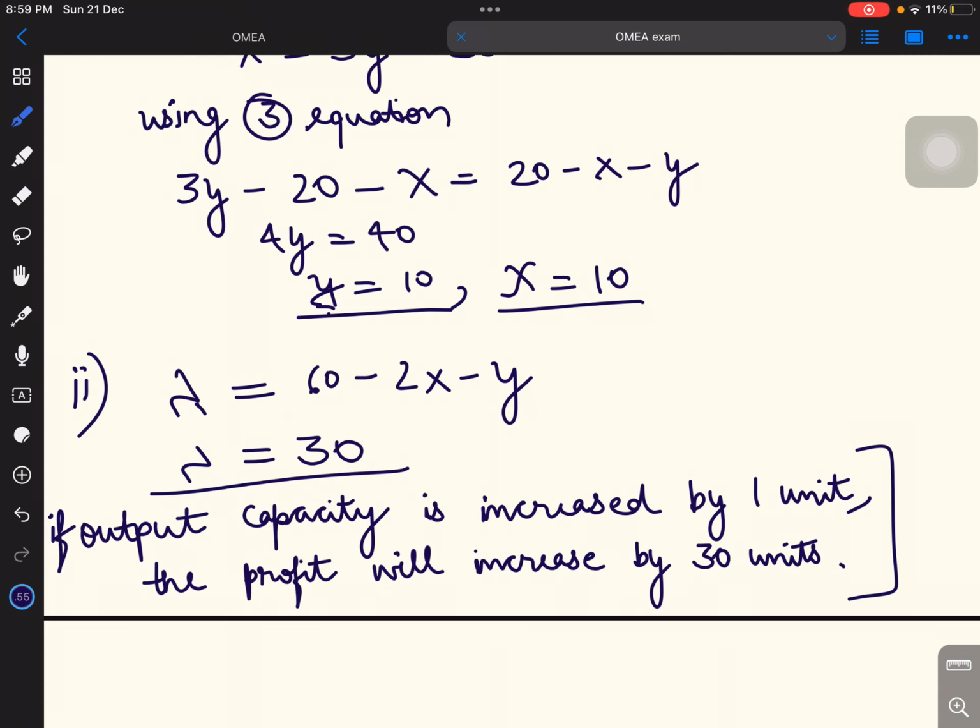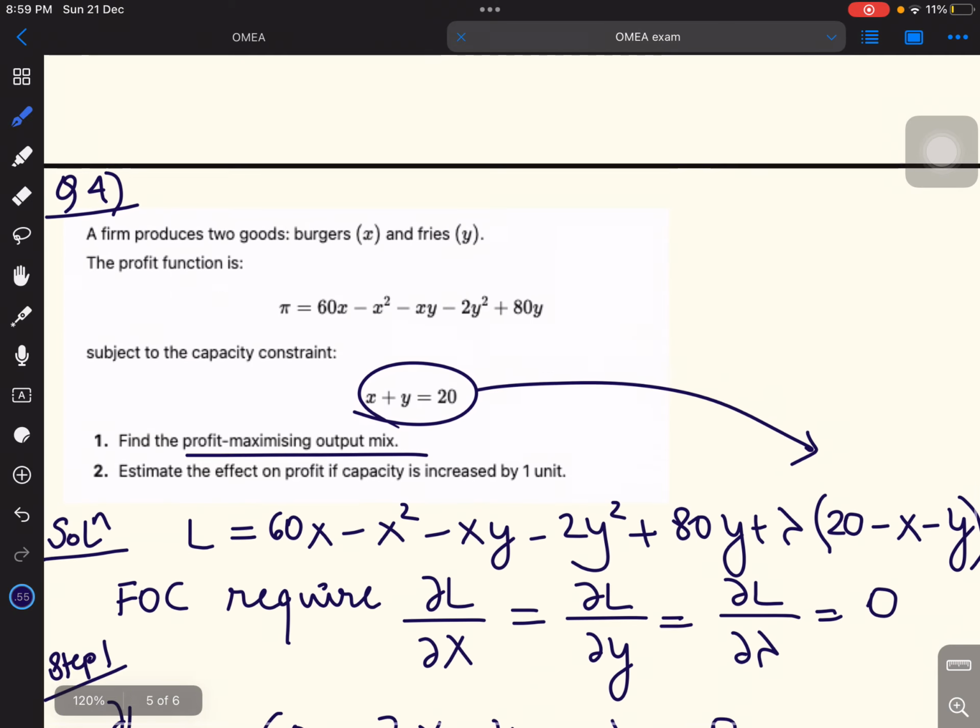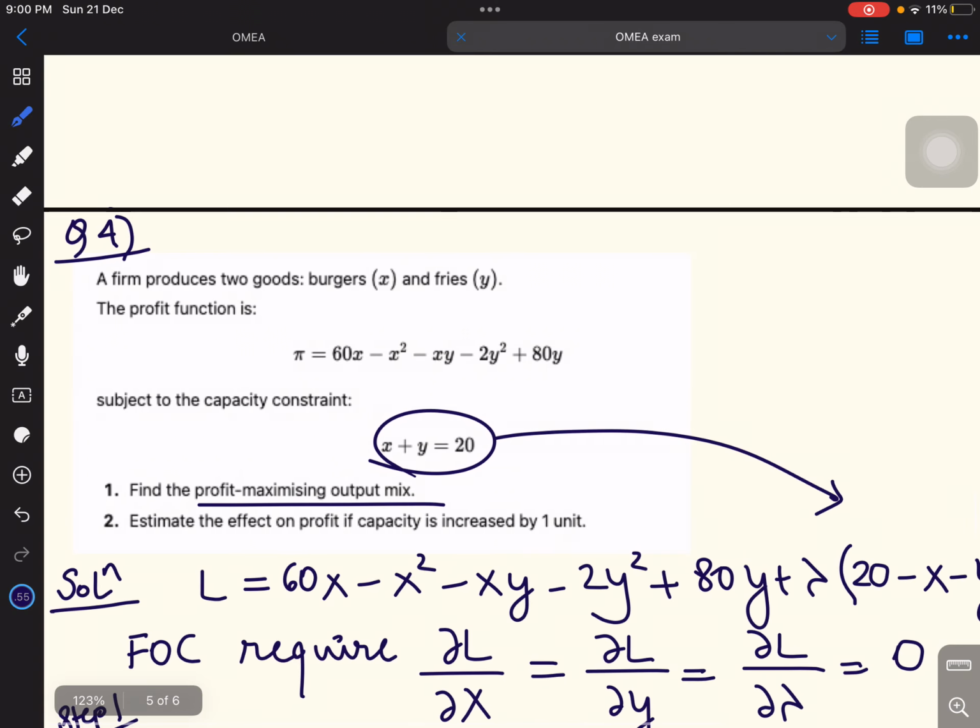So this is the interpretation. This is nothing but our shadow price. So this is how we solve using constrained optimization.